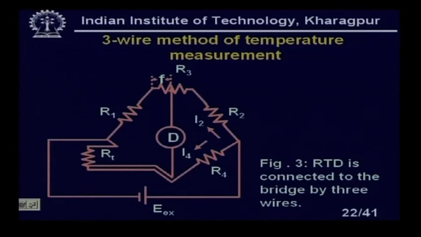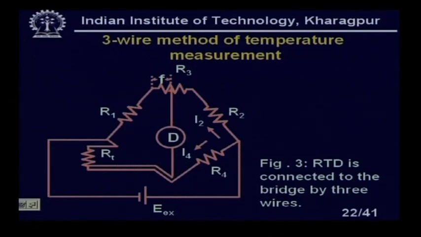So, this is a circuit, and you see this RTD is connected to the bridge by 3 wires. You see, there is one wire, another wire, and another wire. Now, interestingly, R3 is in the bridge, but the contact resistance is not in the bridge circuit; it is in the galvanometer circuit or detector circuit.